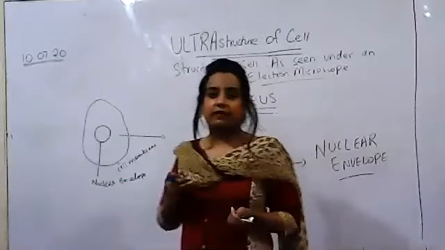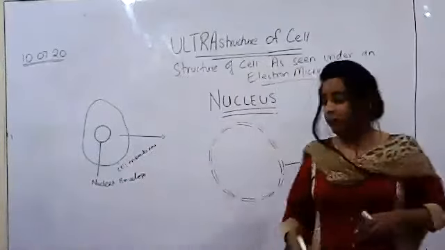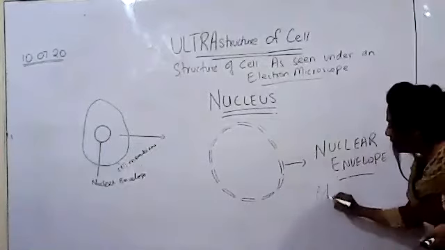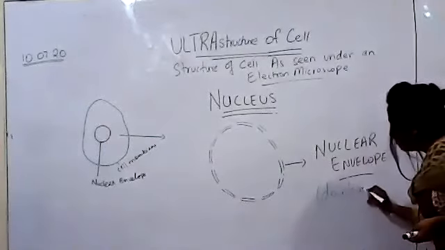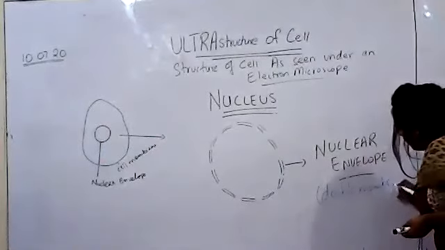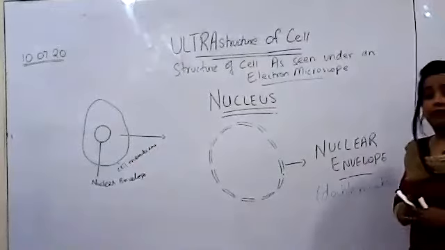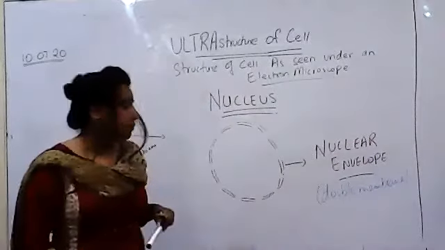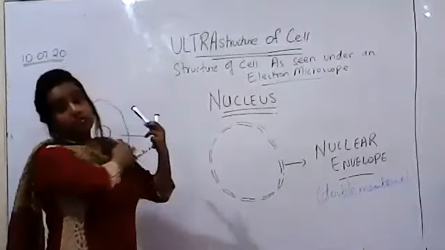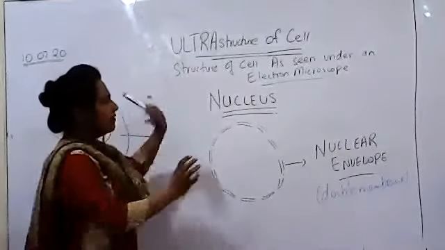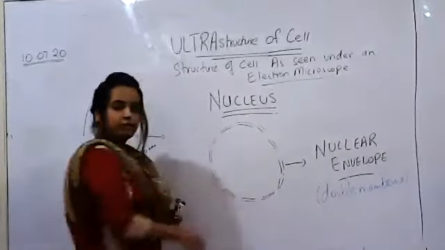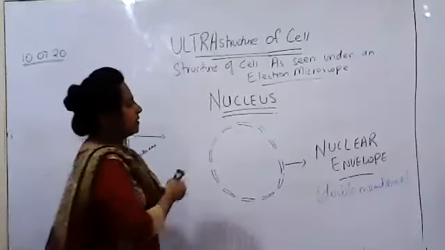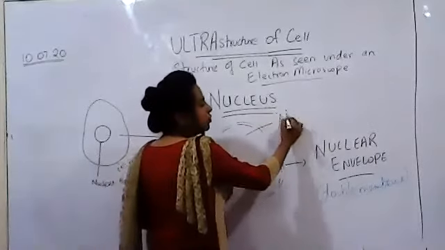So the first part that we studied about the nucleus is that it has a nuclear envelope. And what do we mean by the term envelope? It means that it is what? A double membrane. So when it's a double membrane, you call it an envelope. I hope I'm clear to everyone. The next point, what else is present inside the nucleus? Whatever jelly-like fluid is present, that jelly-like fluid is called nucleoplasm.